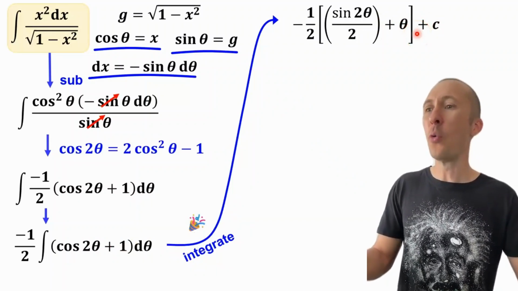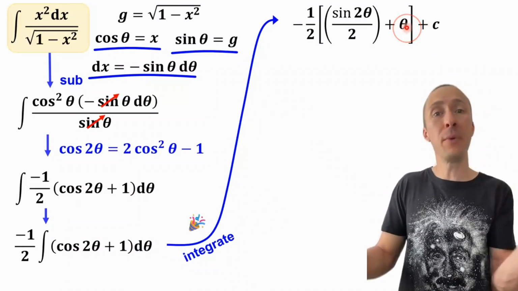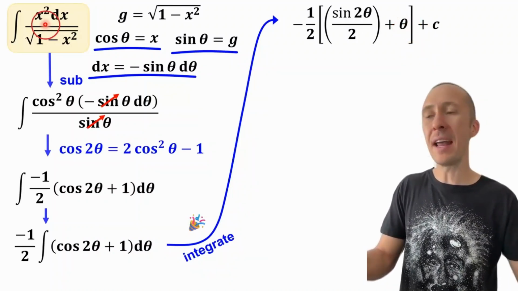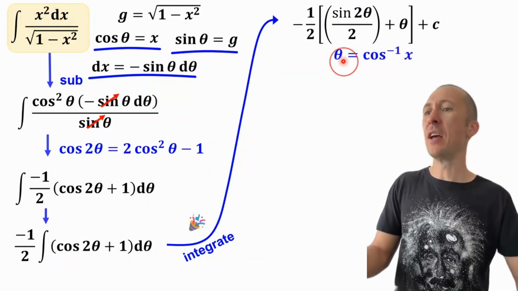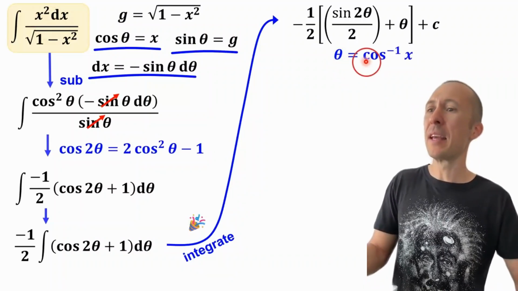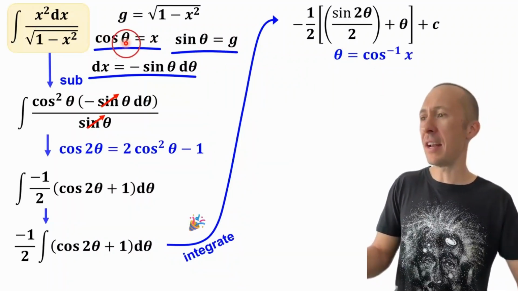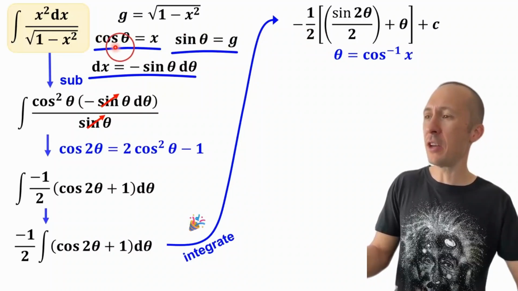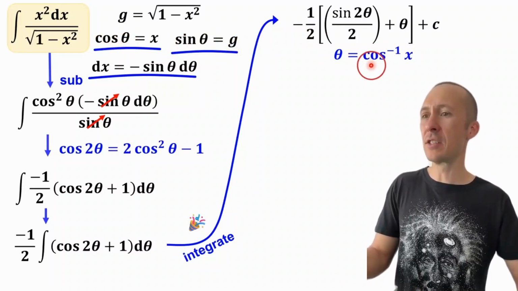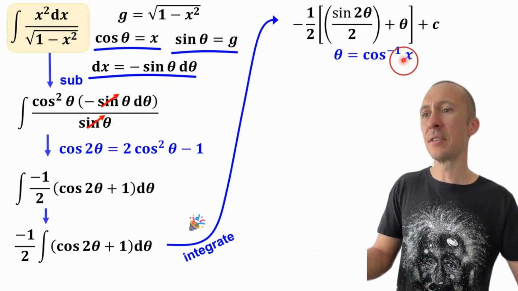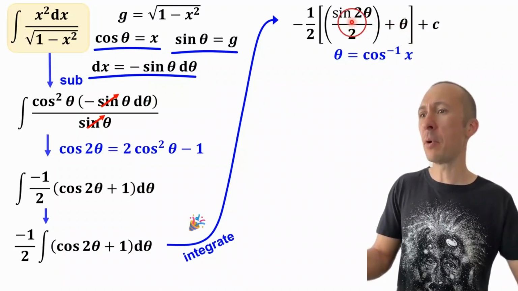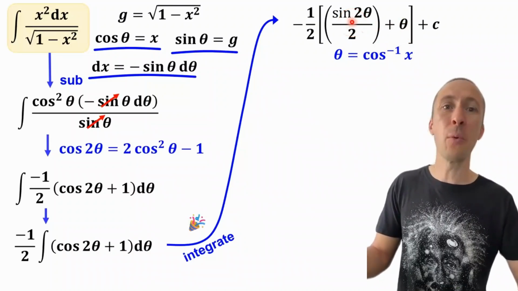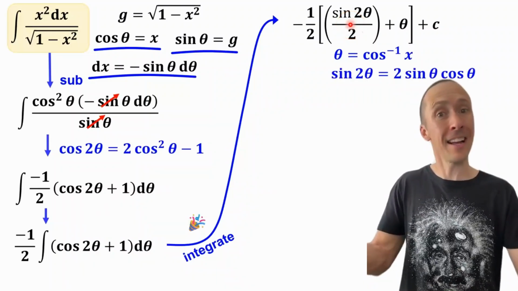And now we're basically done the integration, but we need to substitute back for what x is. And we know theta. So if x is cos theta, then if we take the arc cos, theta is arc cos x. So that's good, but that's theta. But what about sine 2 theta? What is that? Well, we're going to invoke another trig identity.